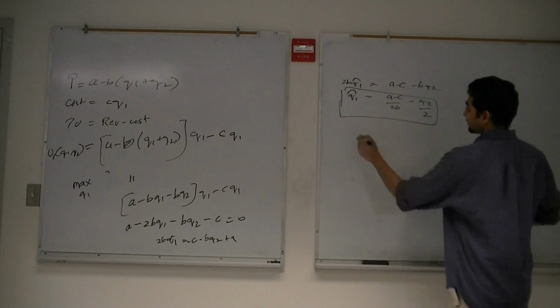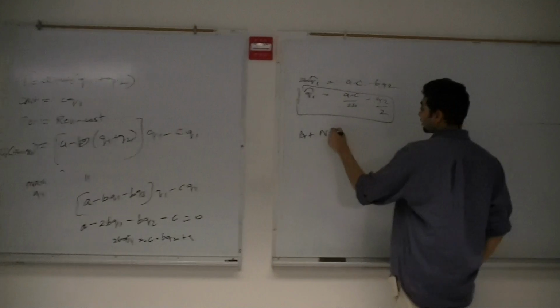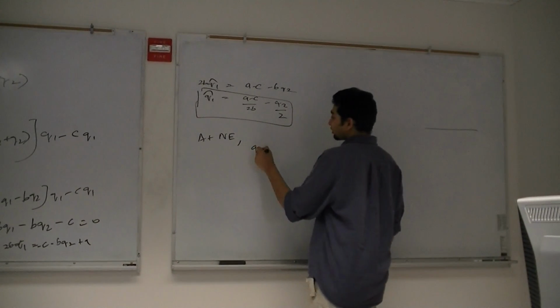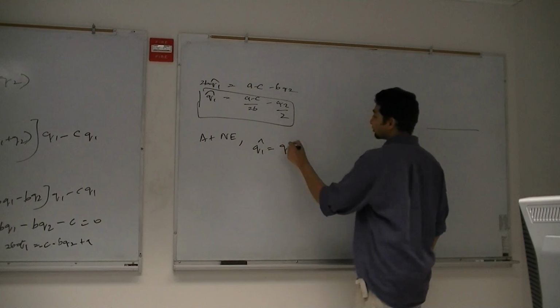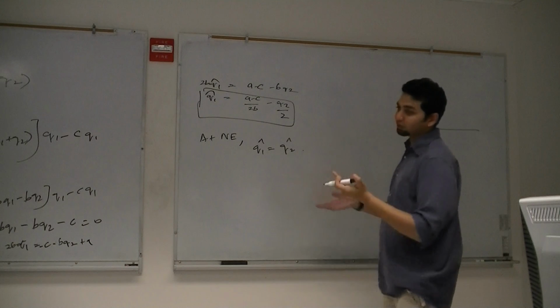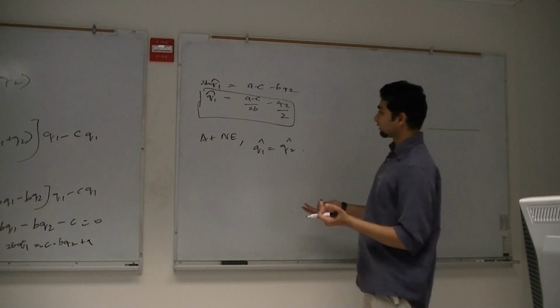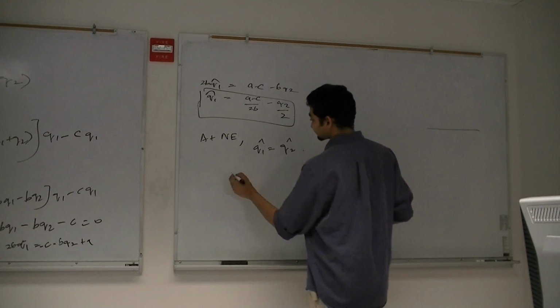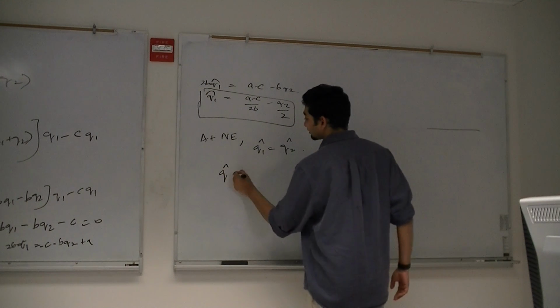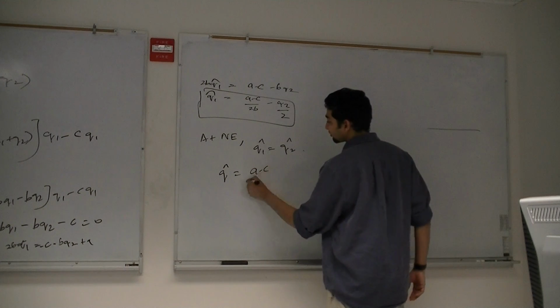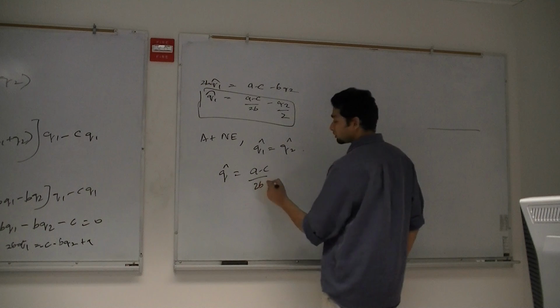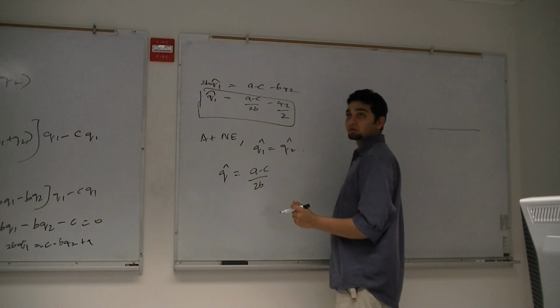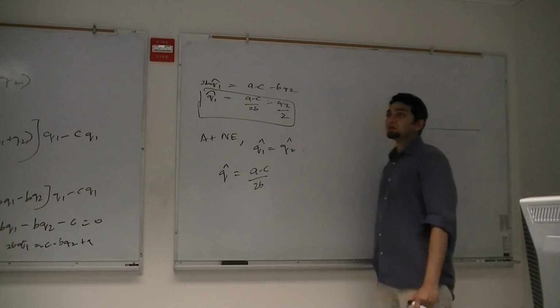So at the Nash equilibrium, Q1 hat is basically equal to Q2 hat, right? Basically, they are trying to be the best response of each other. So let's put this quantity in. I don't think it's a good argument, it's really hand waving.